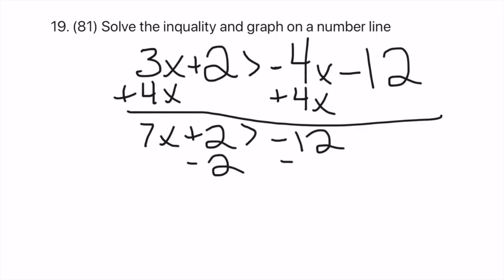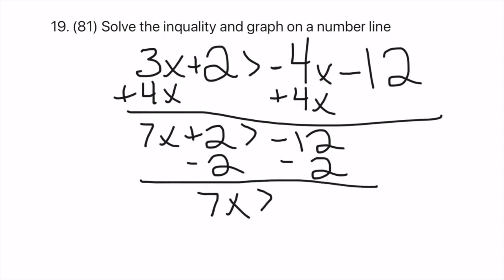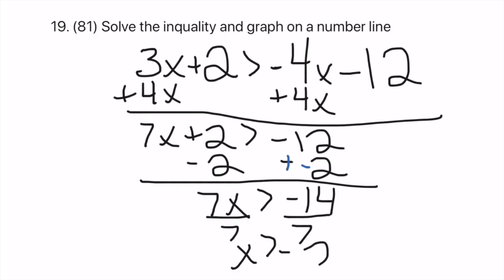Then I subtract 2. So I have 7x is greater than negative 12 minus 2. And remember, you can always think of that as plus a negative. So it's really negative 12 plus a negative 2, which is negative 14. Divide both sides by 7, and we get x is greater than negative 2.